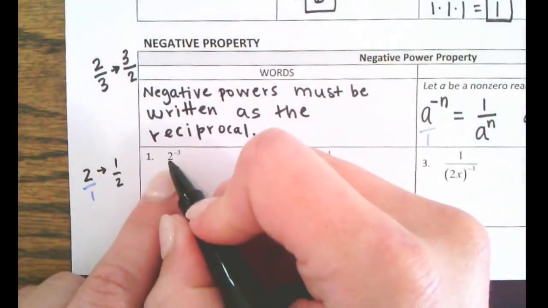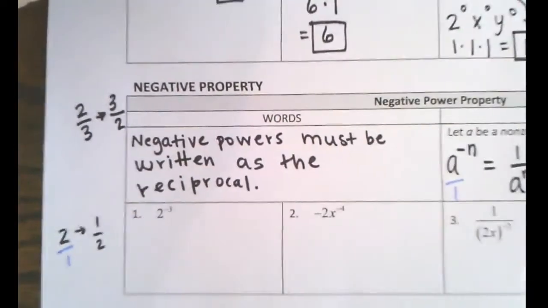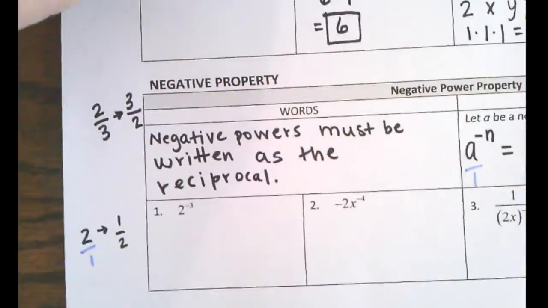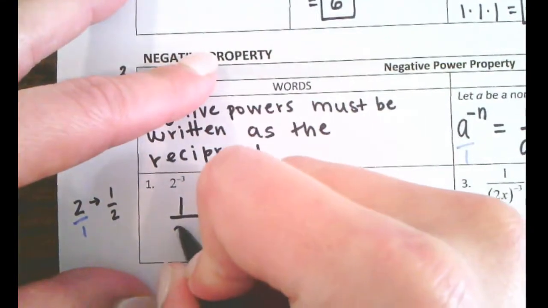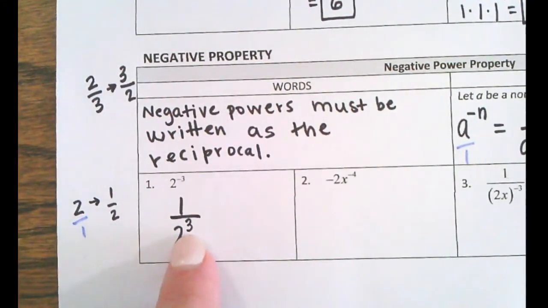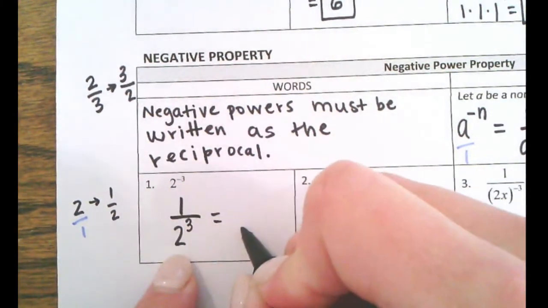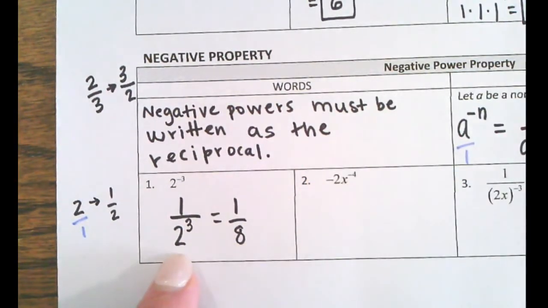So if I'm going to write 2 to the negative 3 as a reciprocal, I can write this as 1 over 2 cubed. When it becomes the reciprocal, that negative exponent disappears, which 2 cubed, we know, is 2 times 2 times 2, or 8. So this 2 to the negative 3 is actually 1/8.